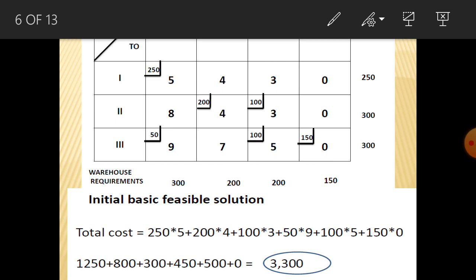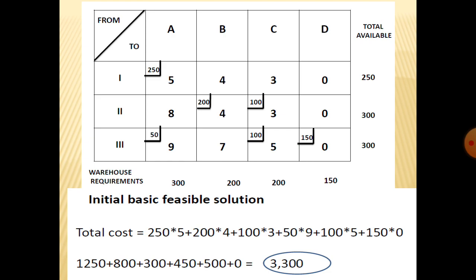At the first you have to allocate at the northwest corner. That is, we have to allocate the maximum possible units in the extreme northwest corner of the table, and neglect the row and column if it is satisfied. I already told. Go on allocating from the northwest corner, and then you will go to the second problem.